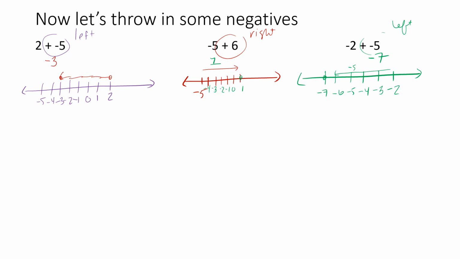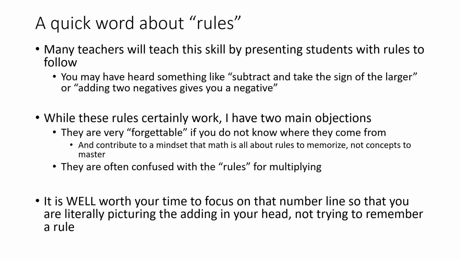Okay, so a quick word about rules. Many teachers will teach this skill by presenting students with rules to follow. And if you're a student and you're watching this, your teacher might have presented it that way. So you may have heard something like subtract and take the sign of the larger. Okay, so you just subtract the two numbers, you ignore what's positive and negative, you subtract them, and then whichever of those two numbers was the bigger number, that's the sign of your answer.